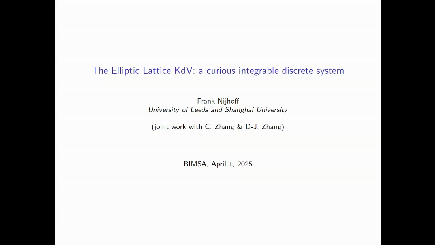And this is part of a long-standing program on studying partial difference equations on the lattice, so equations in multiple directions on a space-time lattice. And there are a number of what we call elliptic integrable systems where the system itself is given in terms of an elliptic curve.